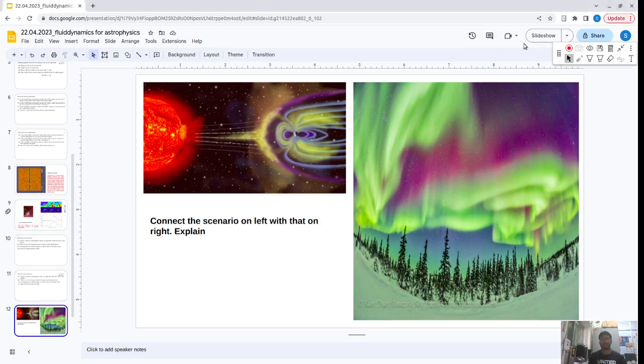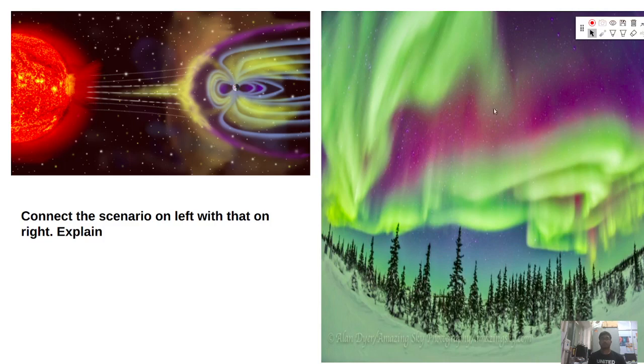This one is your Sun, and then this is the solar corona. From there you have the passage of solar wind in the entire heliosphere, and you have a magnetosphere around your Earth, which has the day side and also the night side.